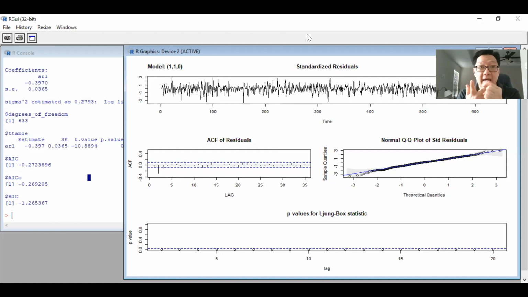The third one is the estimation. Number 4 is the diagnostics. And then the forecasting is step 5, because once we finish fitting the models and choose the best of the best, we do the forecasting based on the best model.